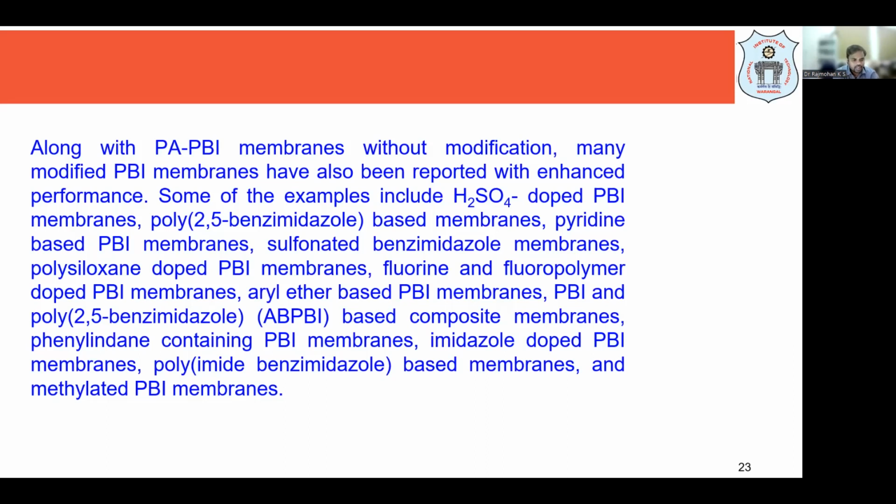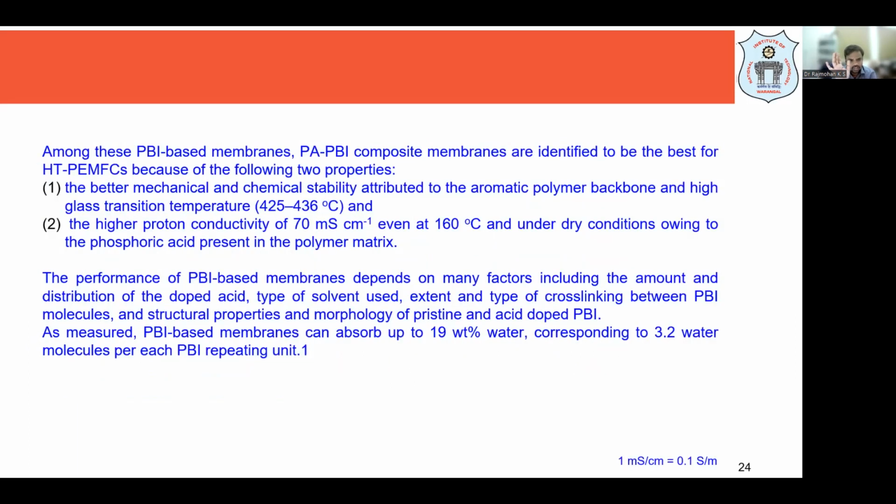Then you have phenylate containing PBI membranes, imidazole doped PBI membranes, polyamide benzimidazole based membranes, and methylated PBI membranes. There are many other PBI membranes, among which we are going to focus on phosphoric acid doped membranes.